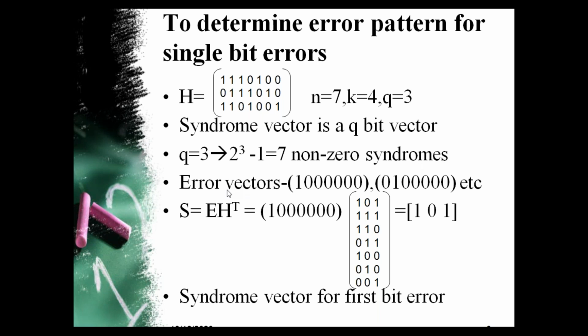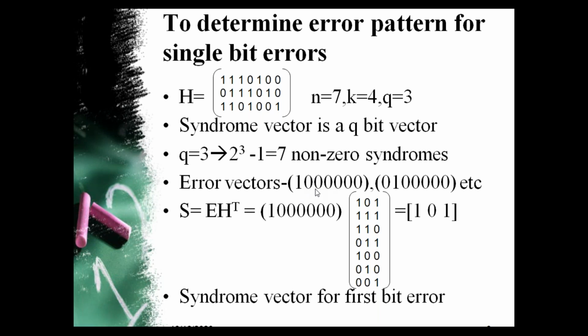And here, error vectors: we know the error vector is a 7-bit word. If we consider only single-bit error vectors, corresponding to a single-bit error, that is, the error has occurred in only one bit position, then we can have different error vectors like this.